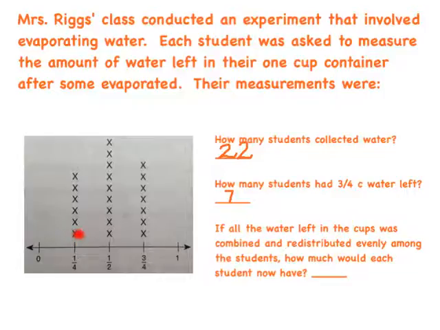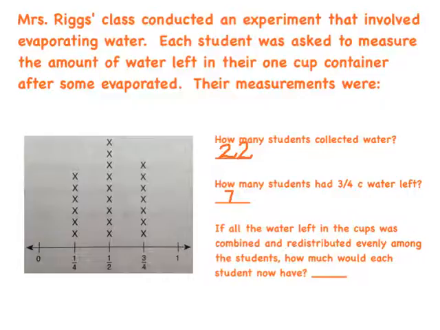The students who only had 1/4 of a cup feel like they don't have very much left, and the students who have 3/4 of a cup have quite a bit left. So the teacher wants to take all the water out of all of the 22 cups, pour it back into a pitcher, and re-pour the water so that everyone has the same amount.